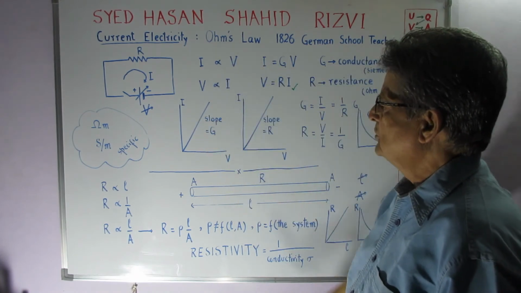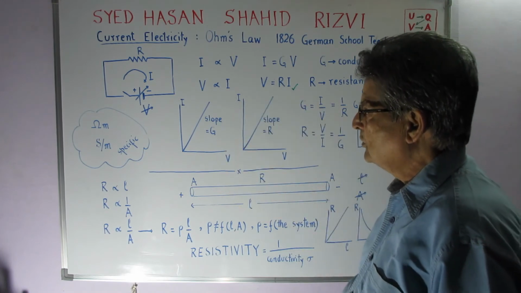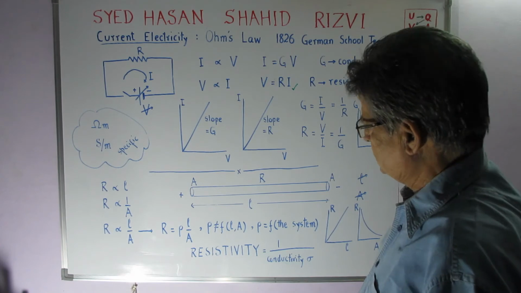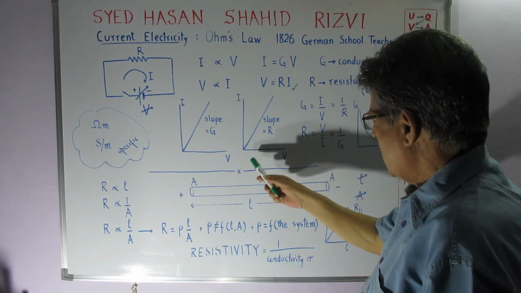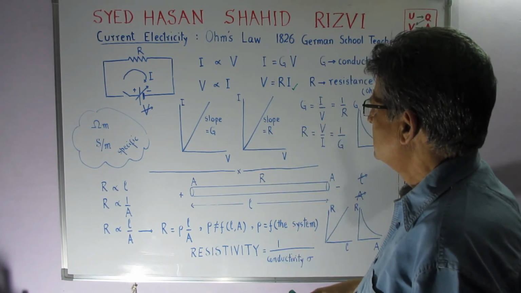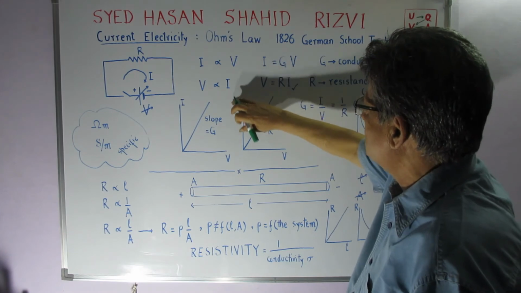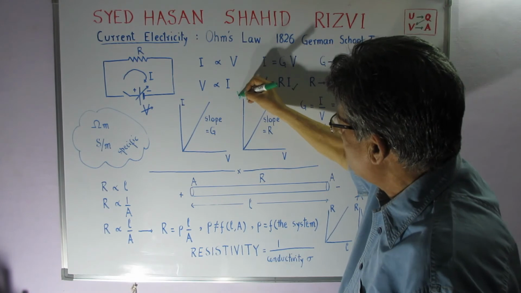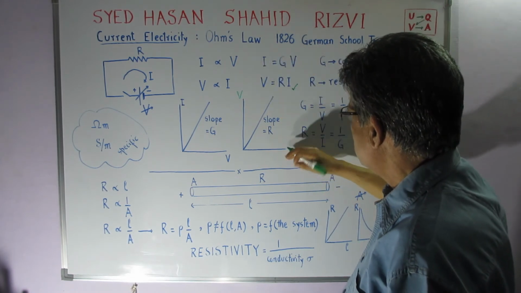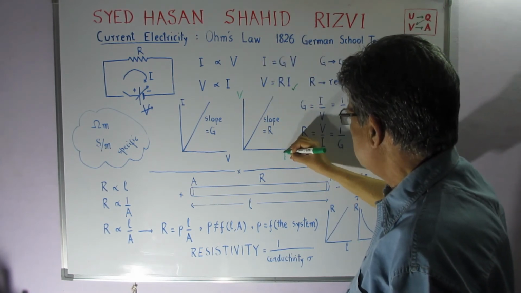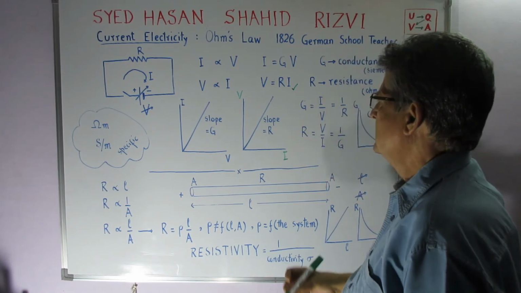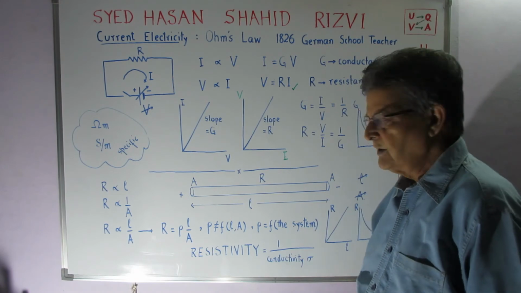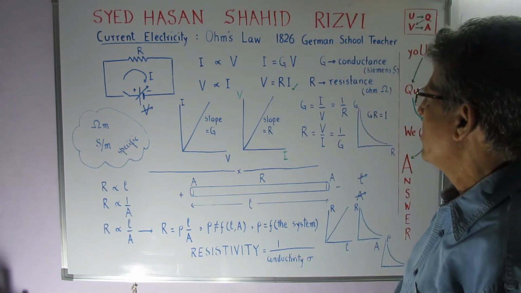I is proportional to V, and the slope will become equal to capital G. Otherwise, V is proportional to I, and in that case V is equal to Ri, and the slope becomes equal to R, like we have been doing before.